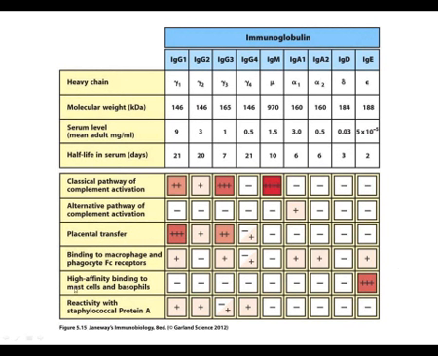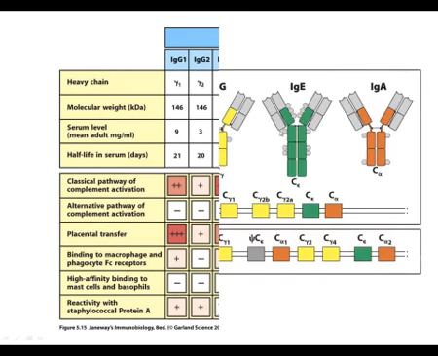IgE, of course, has a high affinity for mast cells and basophils. So it is advantageous to switch and to turn on that new constant region, that new heavy chain, in order to diversify not what the immunoglobulin can bind to, but the effector function of the immunoglobulin.